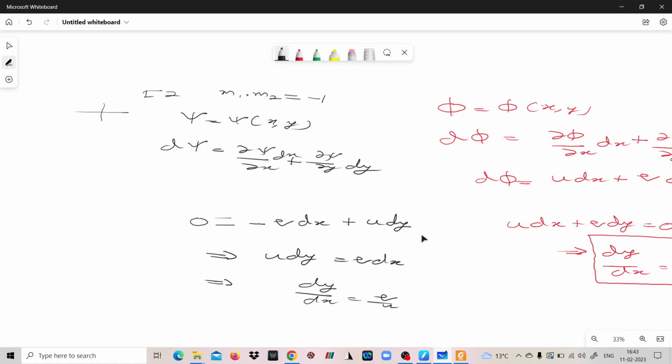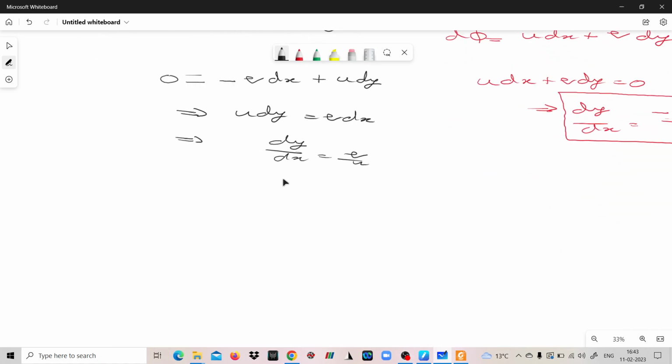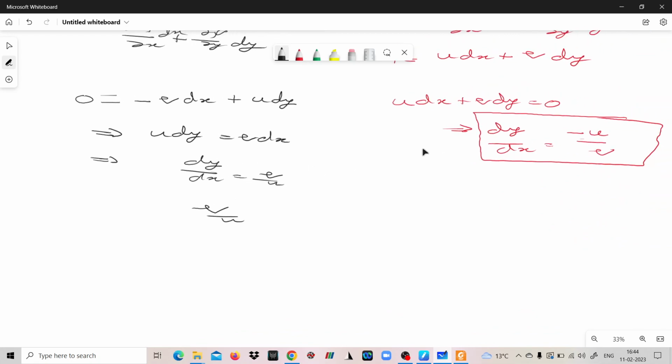The slope of the streamline is v by u, and the slope of the equipotential line is minus u by v. If you multiply these two, you get minus 1. So hence it is proved that equipotential lines and streamlines are perpendicular or orthogonal to each other. This is again a very important concept which you should remember.